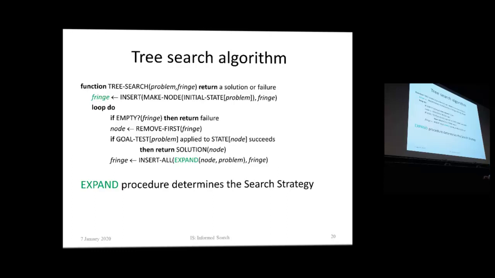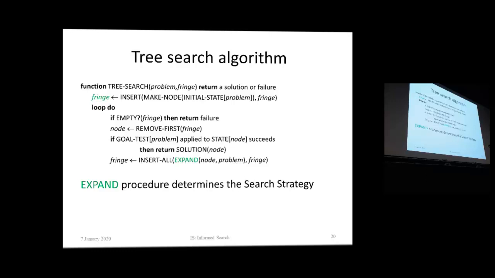That's all we do. And then we have a very simple loop. If the fringe is empty, then we don't have any nodes we need to expand anymore, and we're done. And as we haven't found a goal, we report a failure.